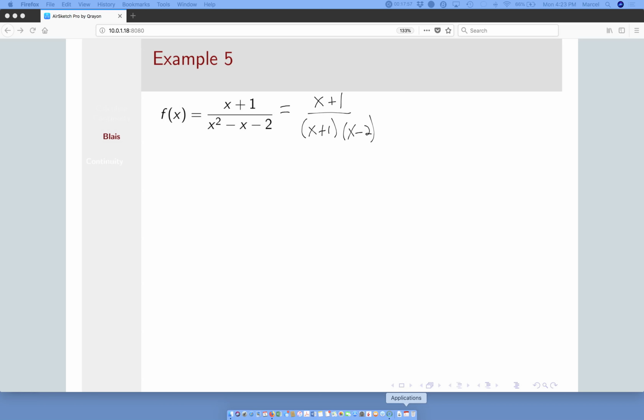Now, written the way the function is, we're not going to cancel these. And you note that if you plug in x equals minus 1 or x equals 2, you have a 0 in the denominator. And let's take a look at the function.